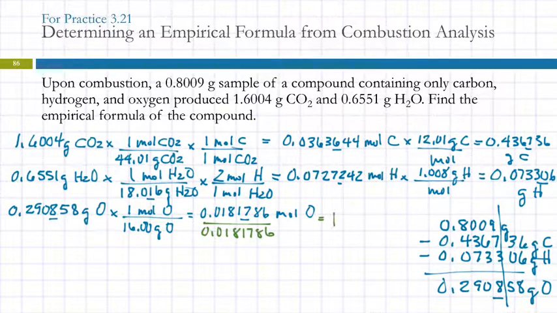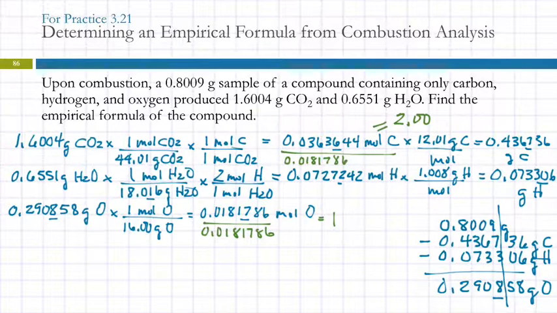So that one's going to be 1. And I'm going to take moles of carbon and divide by the smallest. Let's see what I get. And so that equals 2.00.